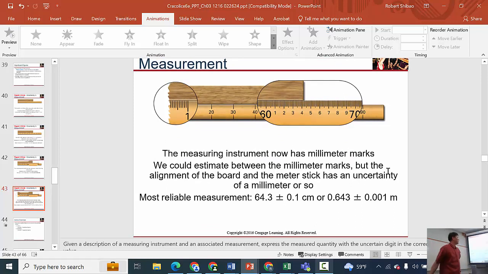So the measurement we ended up with is 64.19 or 0.6419. I don't know where these are coming from. So something weird with this slide. This is wrong, so let me mark that as wrong.